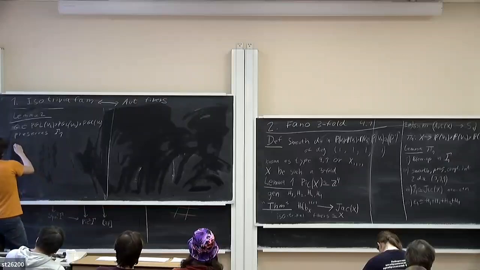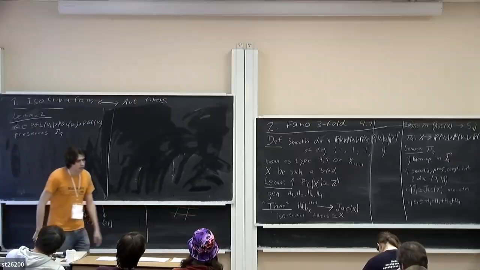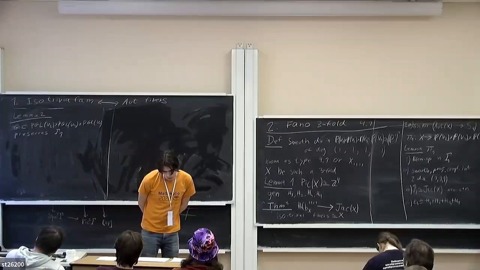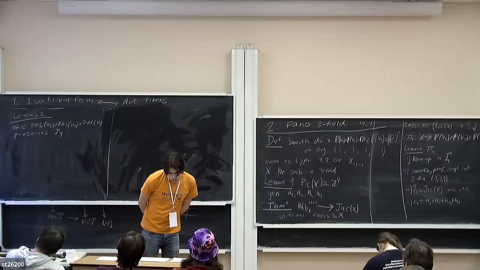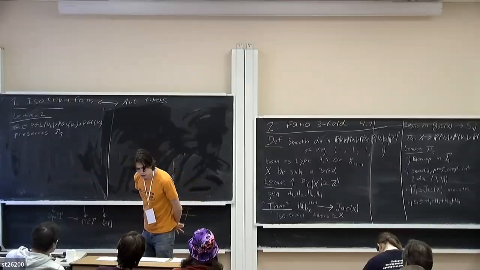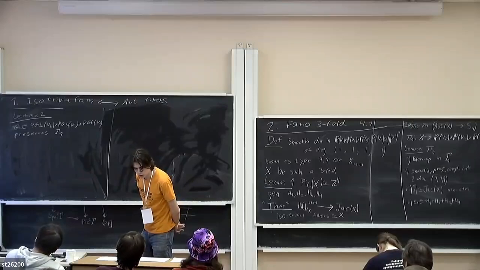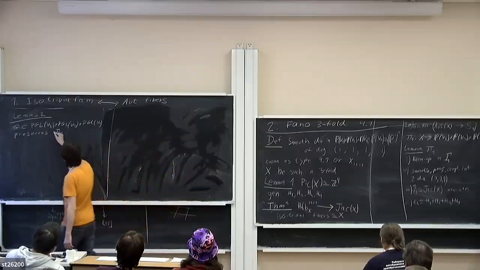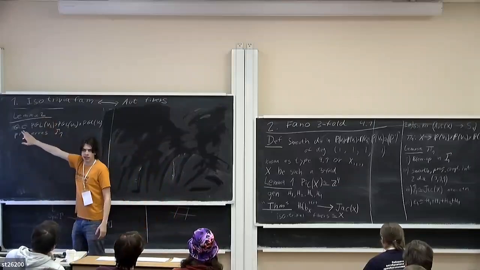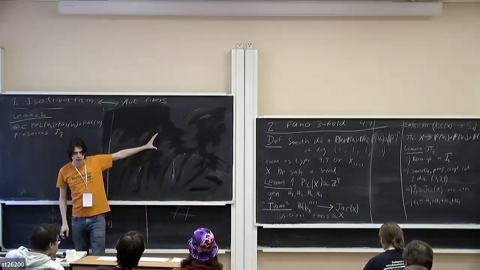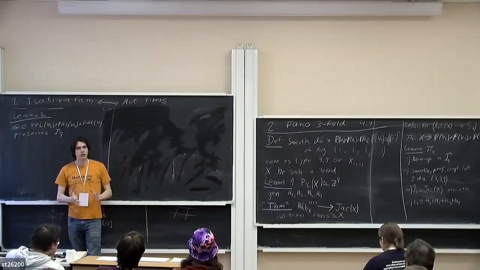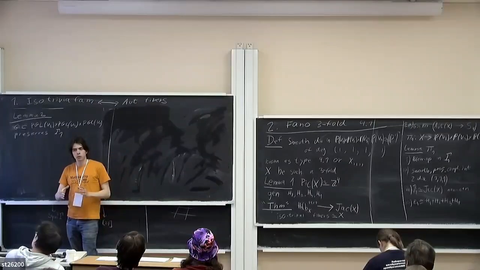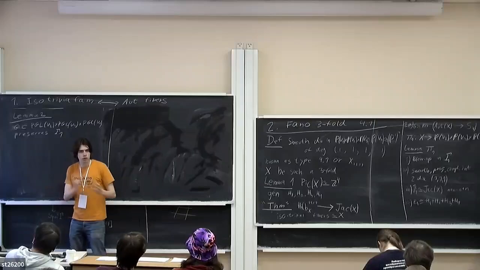So this is the next lemma. What is the statement in this lemma? The group G, which acts on X, is isomorphic to the group of automorphisms of P1 times P1 times P1 which preserves gamma.